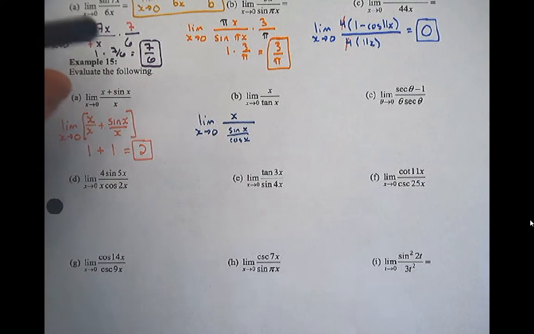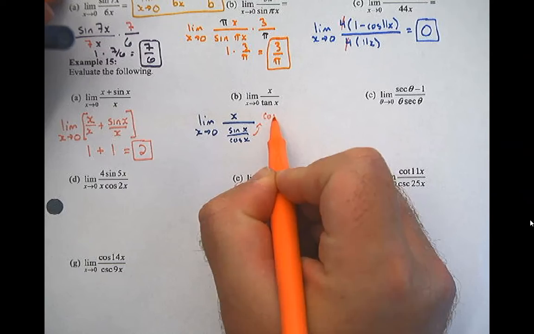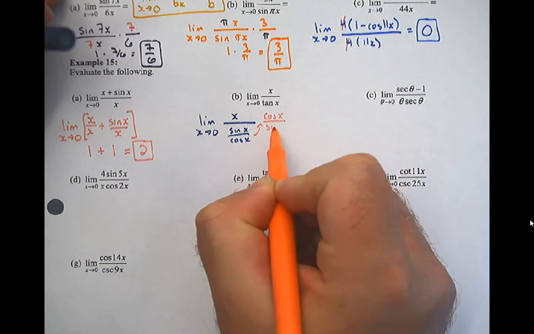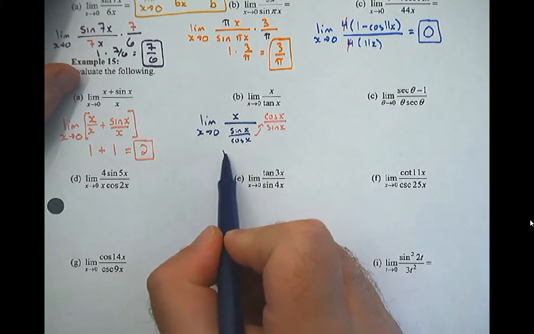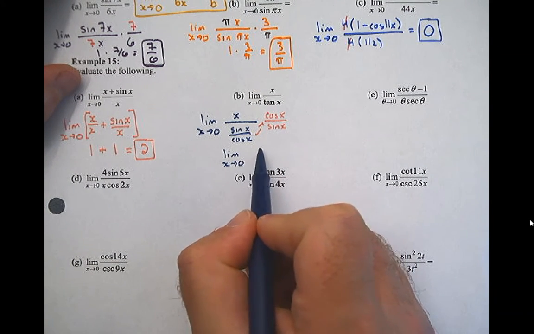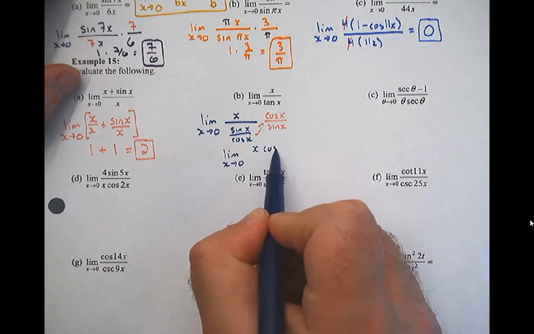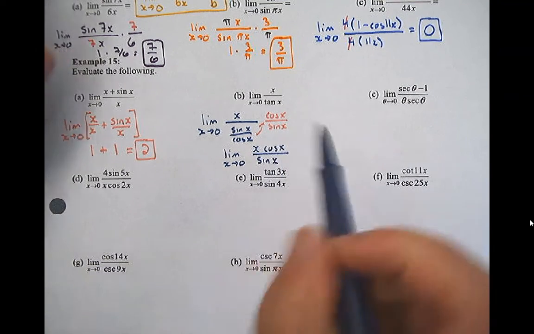Nobody wants to divide by a fraction, so what do we do instead? Flip and multiply. I'm going to flip this up into cosine of x over sine of x. And we're left with the limit as x approaches 0 of x cosine x over sine of x.